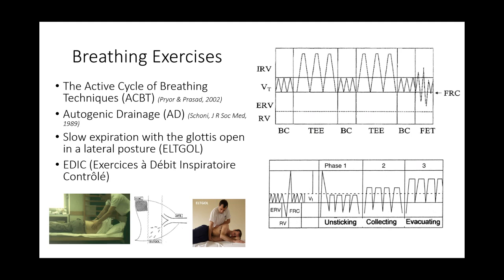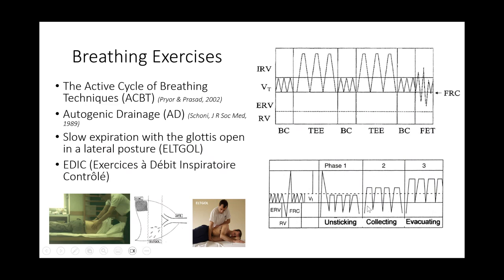But before moving on to that, another widely popular technique is autogenic drainage. This involves breathing at different lung volumes. The first phase, breathing at a low lung volume, so taking your patient right the way down, unsticking the secretions, and you listen and the patient tunes themselves in to feeling when they start to move.